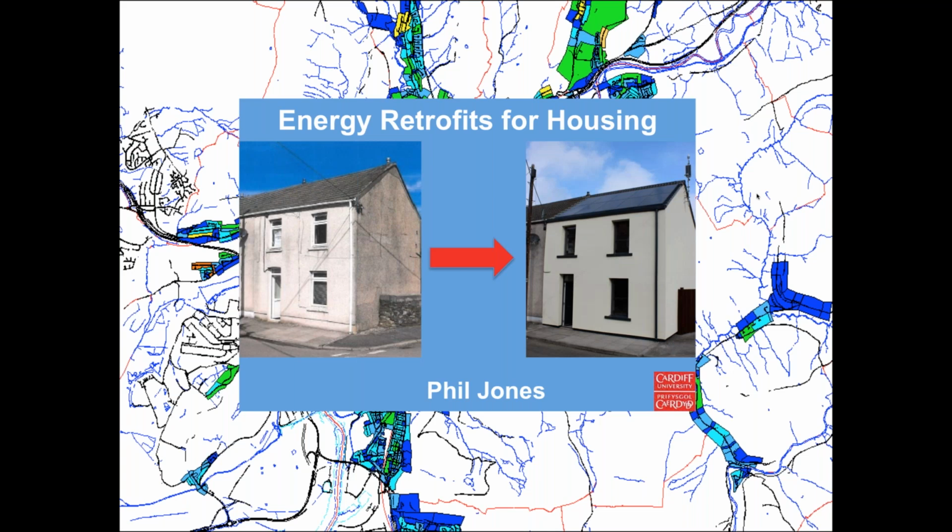If it's external wall insulation, then there's not much that can be interfered with there. As long as you instruct the tenants, and I guess that's what whole house retrofits are about. It's not only designing a package of measures appropriate for the type of house, but also to engage with the occupants to make sure that they understand what's going on, because they need to be aware of any disruption in the program itself, and then they need to be aware of how to use the house after it's been retrofitted.